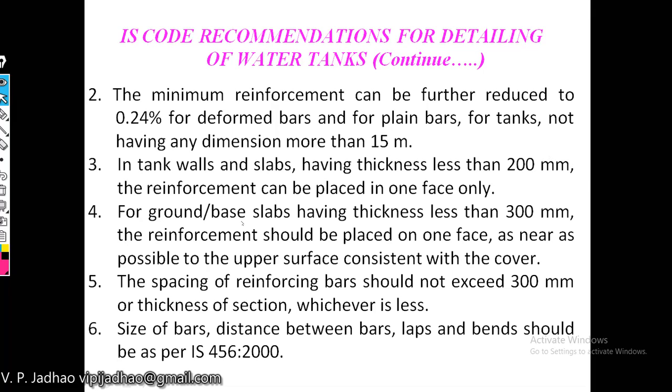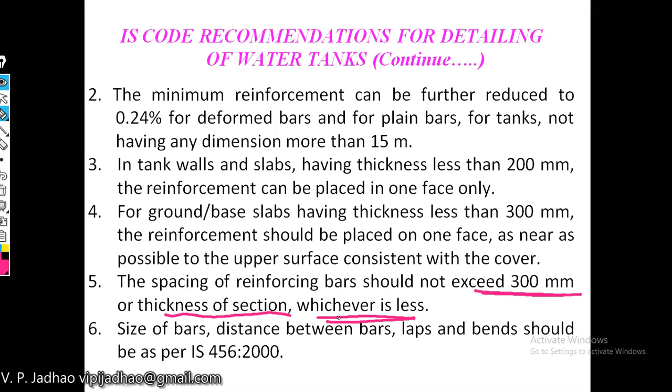Then for ground slab or base slab having thickness less than 300 mm, again the same point is given, that is reinforcement can be provided on only one face. Now the spacing of steel reinforcement should not exceed 300 mm or the thickness of section, whichever is less.